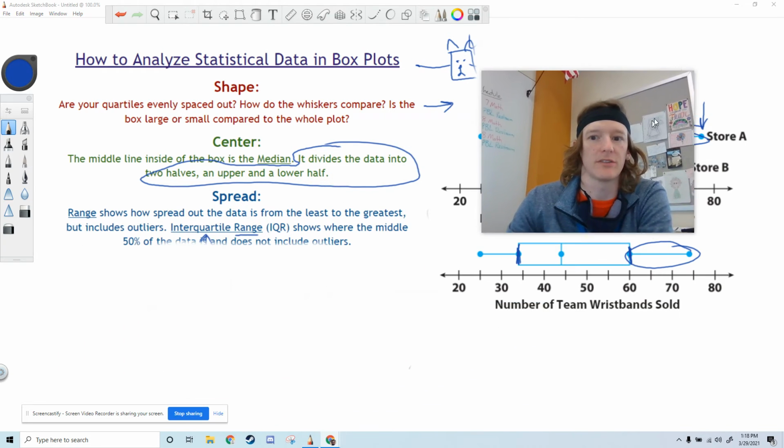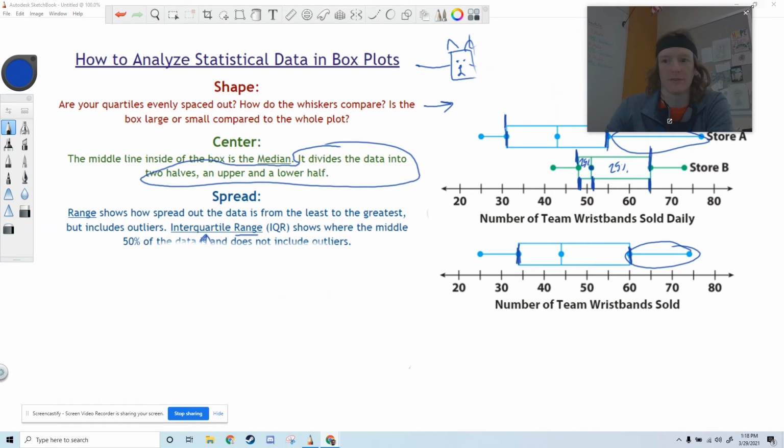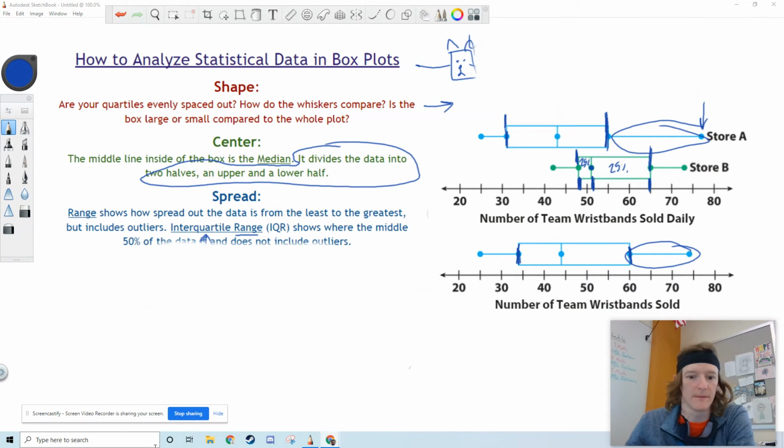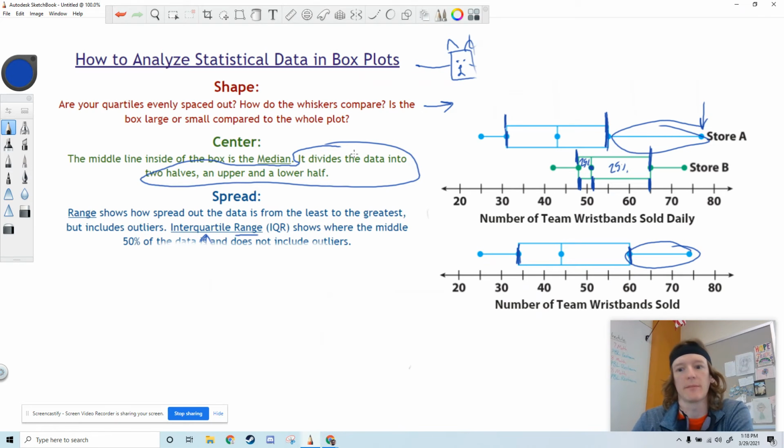So let's talk about the shape. So what are directions for this problem? We're going to do this page, and then we're going to wrap this up. So number 4, we need to compare the shape, center, and spread of the data in the box plot with the stores A and B. So let's talk about the shape.